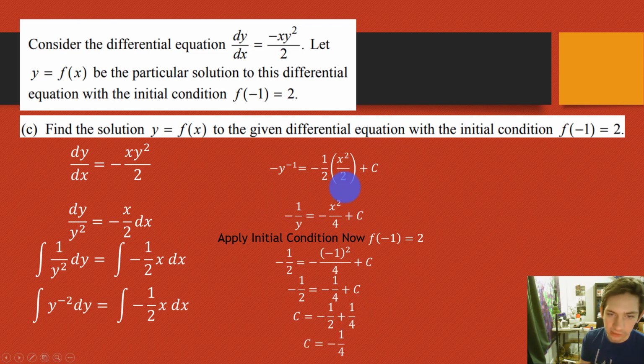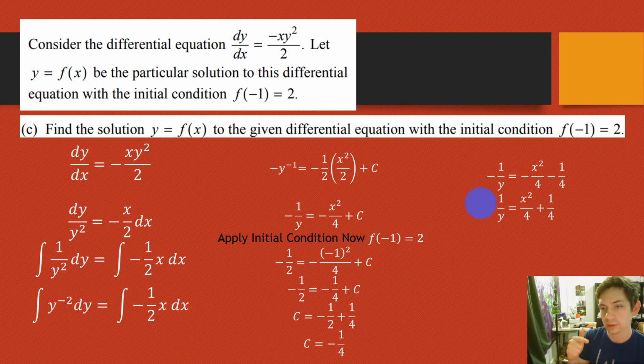Now we're going to rewrite this equation with c equals negative 1/4. Notice that there's negatives everywhere, so we can multiply everything by negative 1 so that everything is positive now. And now, this is where students make the silly mistake, because you're like, okay, I got this. I did all this work. 1 over y equals x squared over 4 plus 1 over 4.